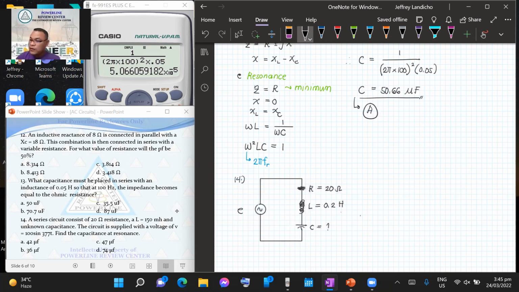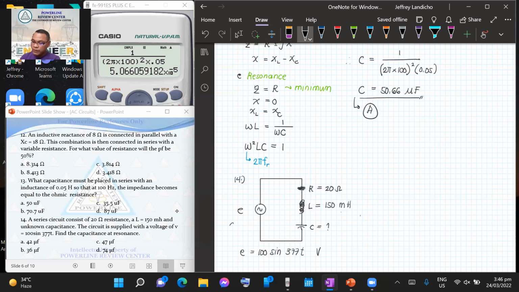So you have E, you have the resistance of 20, then inductance of 150 millihenry. Now, the source voltage E is given as 100 sine 377t volts.